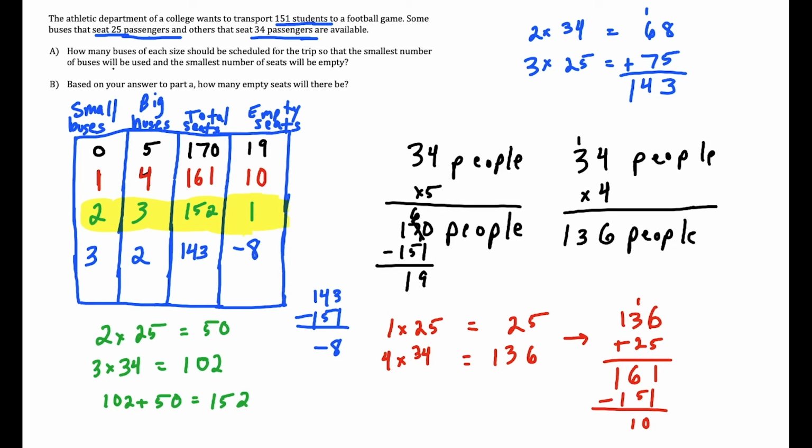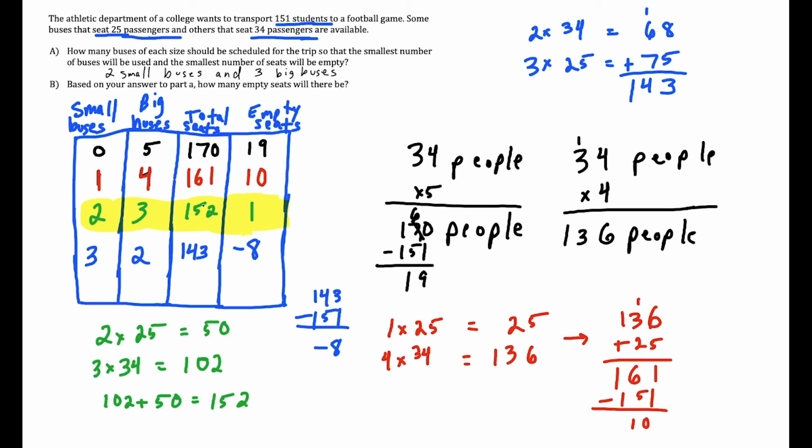So we should have 2 small buses, and we're going to have 3 big buses. Okay, where the small buses are the ones that seat 25 and the big buses are the ones that seat 34.